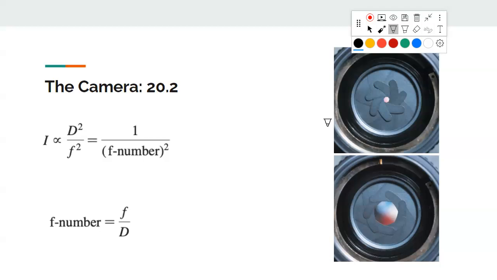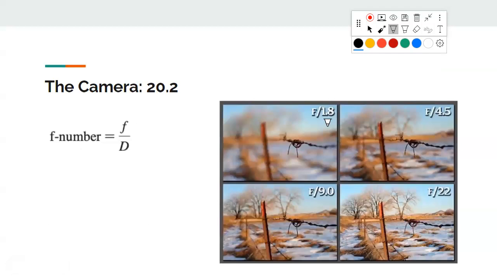And by taking a ratio of them, we get something known as the F number, which is inversely proportional to the intensity. Okay. And so for a camera, you'll often see these sorts of numbers associated with your lens, and it's often something you can adjust. And so this over 1.8 is just a terrible notation to tell you that the f-stop or the f number is 1.8.